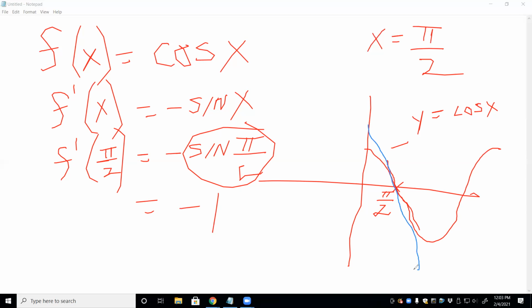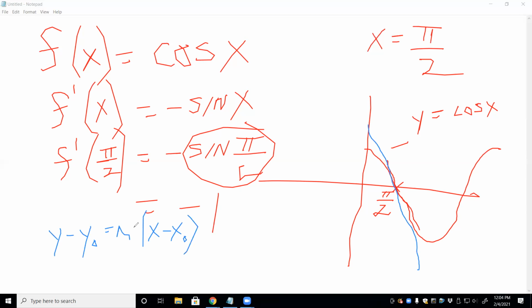And the reason we can come up with the equation of it is because we have a point and we have a slope. So, are you familiar with the point slope formula? Yes. y minus y naught equals m times (x minus x naught).